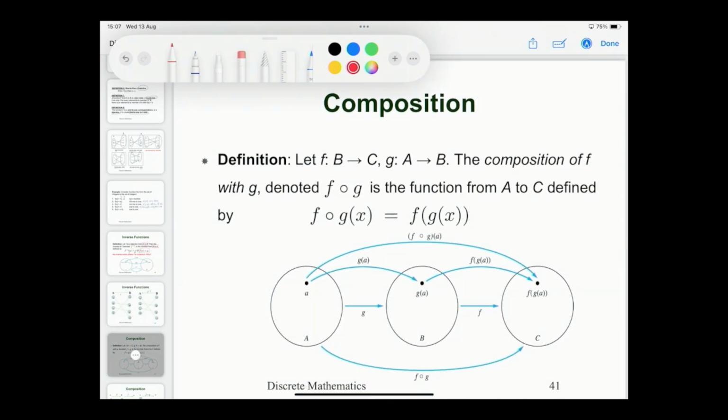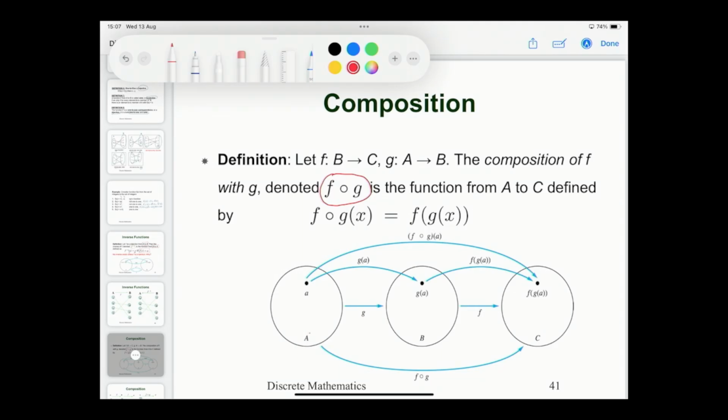Another one is composition, meaning that when we have multiple functions, let's say function f and function g, then the composition of f with g is represented this way, f∘g.